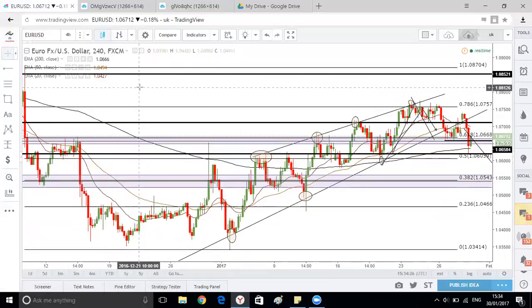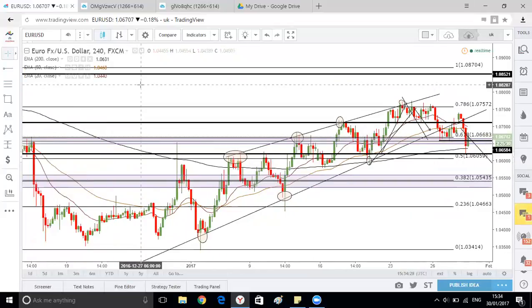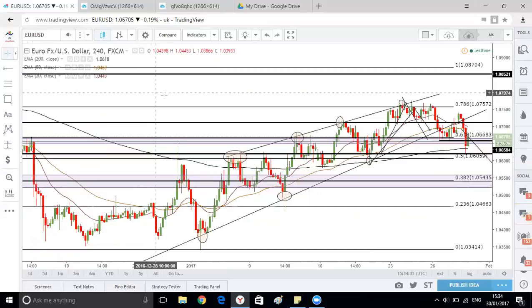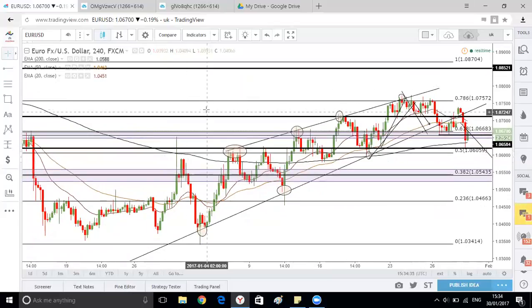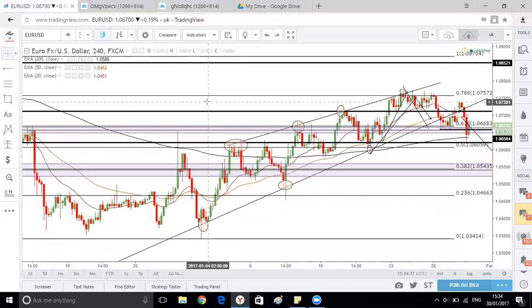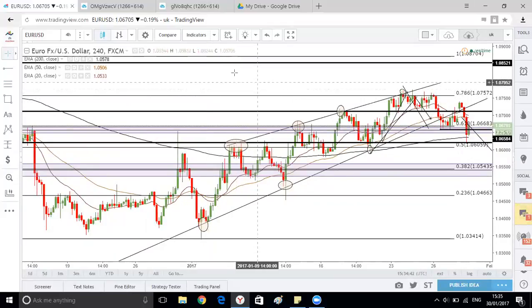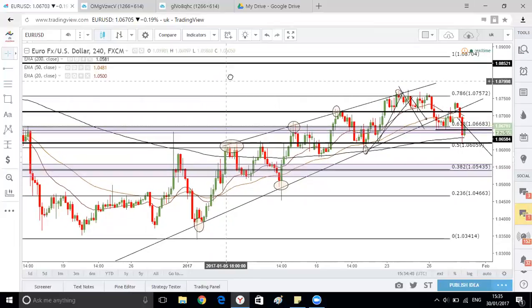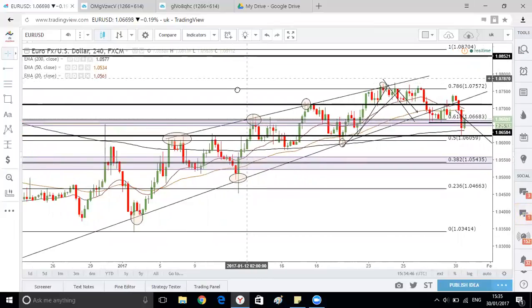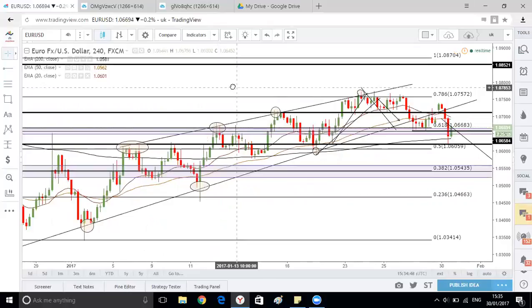I'm going to do a tutorial on that, on how to set up your TradingView account and chart if you want to make it a bit clearer, because when you go onto TradingView you'll see all these background lines and stuff. I can show you how to remove all that and make your chart a bit clearer. I will do that at some point.